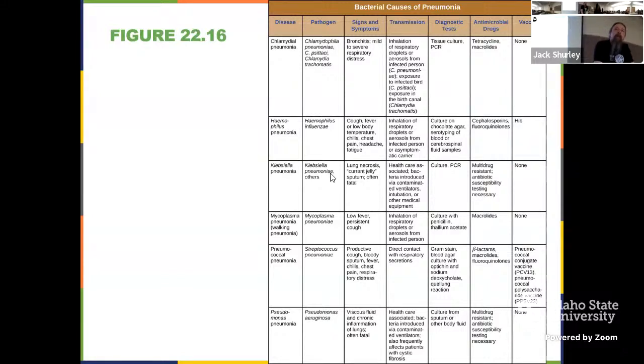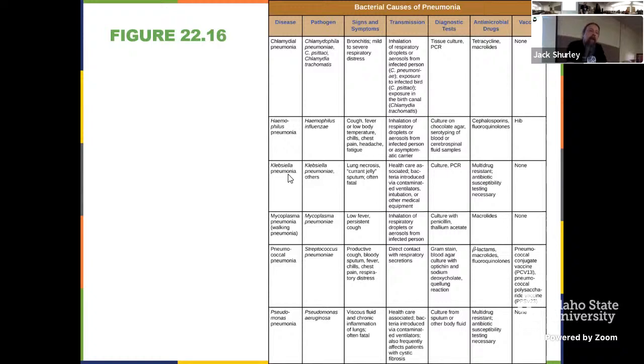That is a super good capsule producer, very mucoid colonies, all right, super snotty. And it can cause some lung necrosis, so you can see bloody sputum, currant jelly sputum, which is like bright red sputum as a result of blood within there, all right. And it is definitely something that can be a fatal infection, all right.